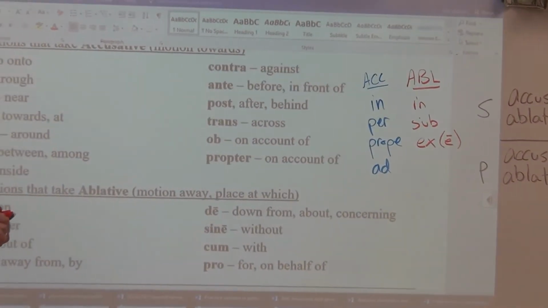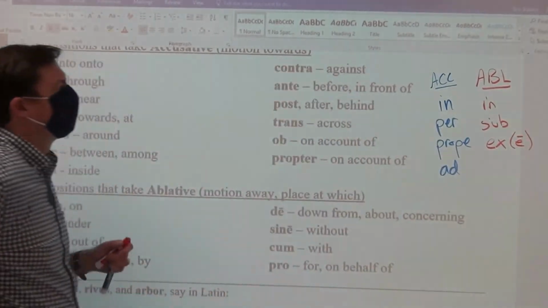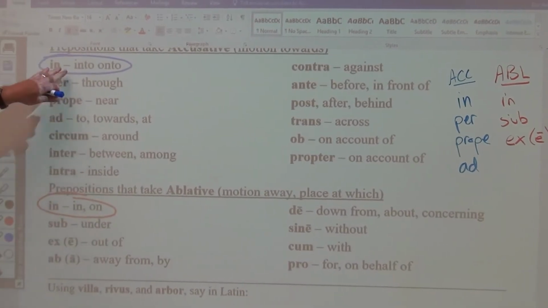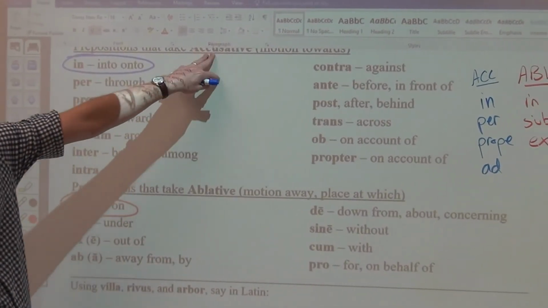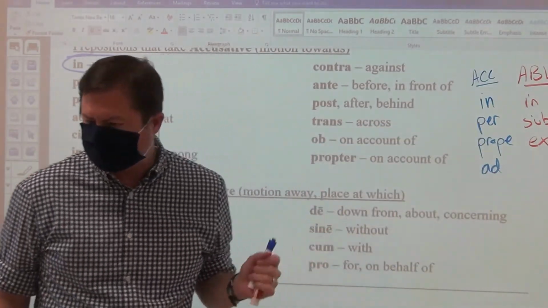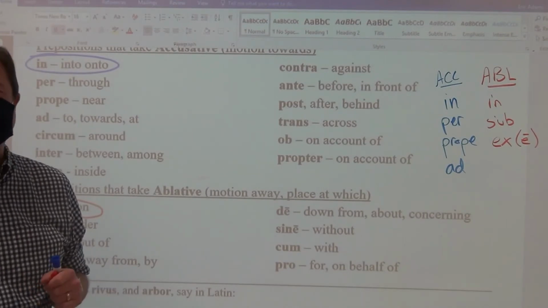Now hopefully you notice that as we have it up here, there's one word that appears in both. And there are actually a couple of others that can do so as well, but this is the most common. And that would be here, the word in and the word in. The difference is that when in is followed by a word that is accusative, it is going to mean into. In plus accusative, into. Your second superhero is the Flash.